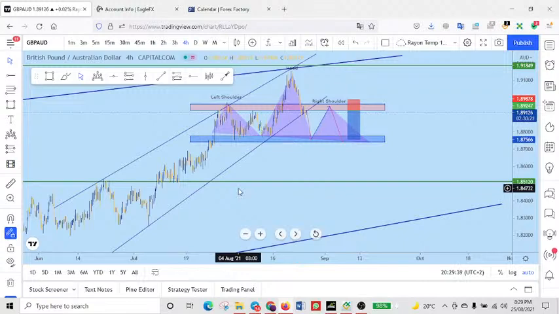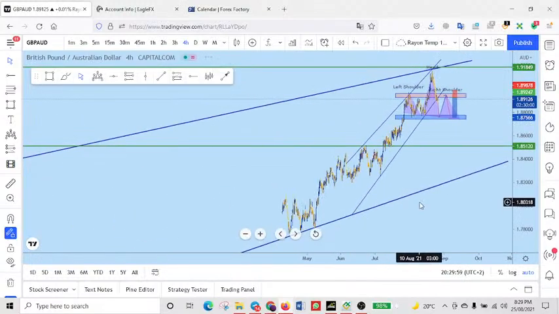If you are able to get your entry right, not too early and not too late, you are going to have an upper hand in the market. So when it comes to entry, we also teach that to our students. Okay guys, so keep an eye on GBPAUD.